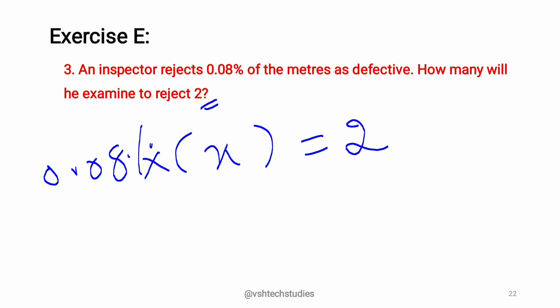This much he has found defective. So he has examined something, 0.08% of that is 2. Then how much has he examined? That is the problem.